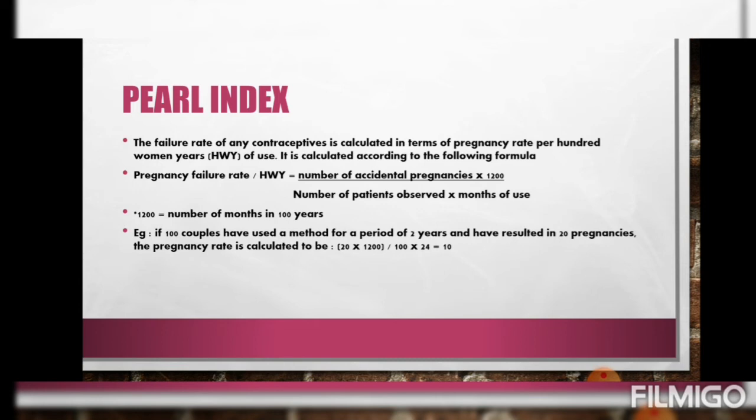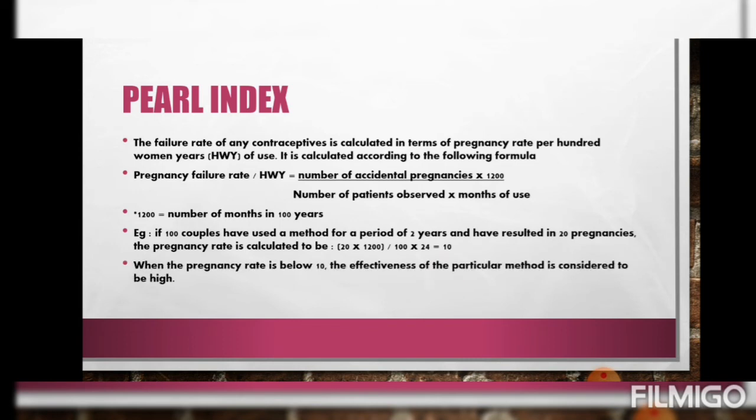So overall the pregnancies reported were 20 among those who used copper T. So the pregnancy rate is calculated as: number of accidental pregnancies, 20, into 1200, divided by number of patients observed, 100, into 2 years. 2 years is 24 months, so you have to convert it into months and calculate. So you will get 10%.